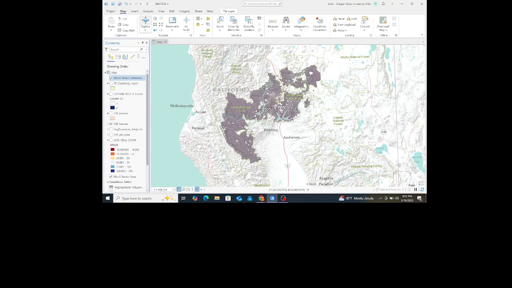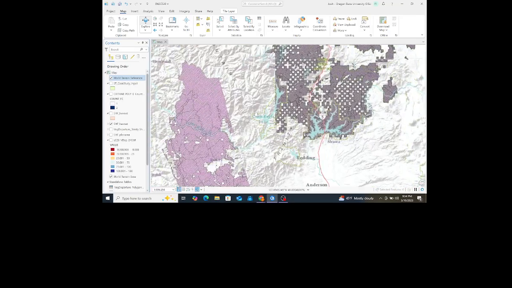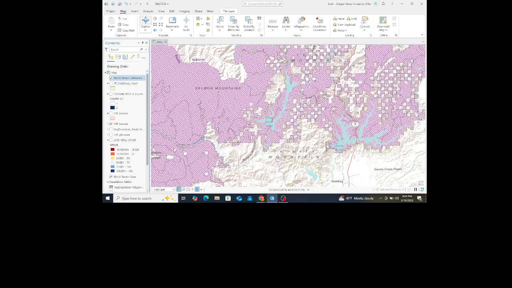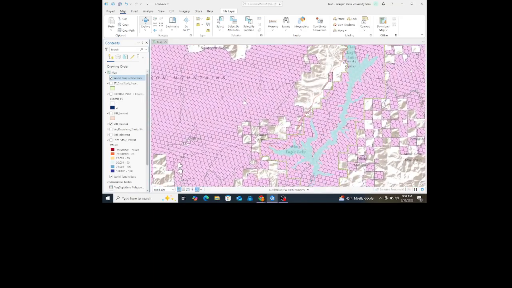So this is the input from the tutorial data. They had broken down the entirety of the forest into these treatment grid cells. And so each one of these represents 50 hectares, and that's considered a treatment stand.